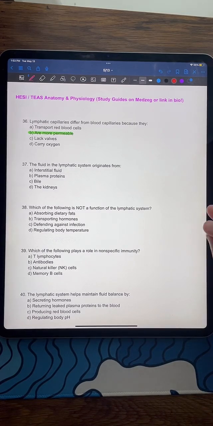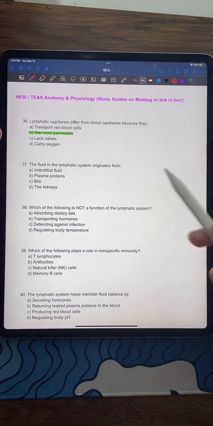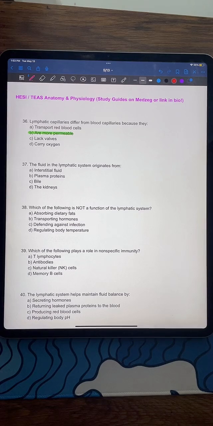Transporting red blood cells? They do not carry red blood cells. Lacking valves? That is untrue. Lymphatic capillaries do have valves, which prevent backflow of lymph. And carrying oxygen? They do not transport oxygen. That is the function of blood. Basically, they are more permeable, so larger materials can flow in there and then get filtered.